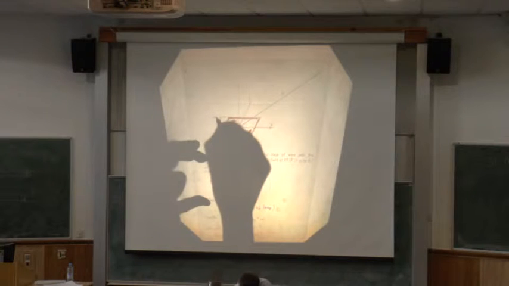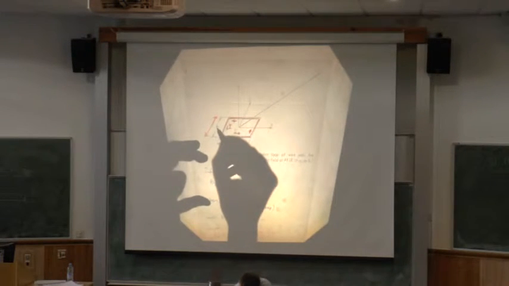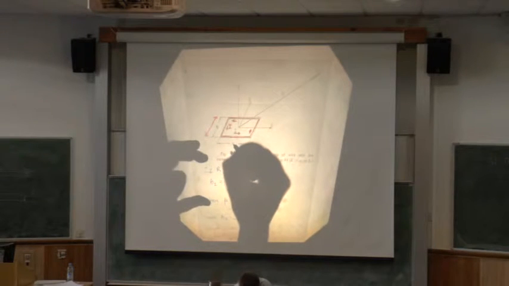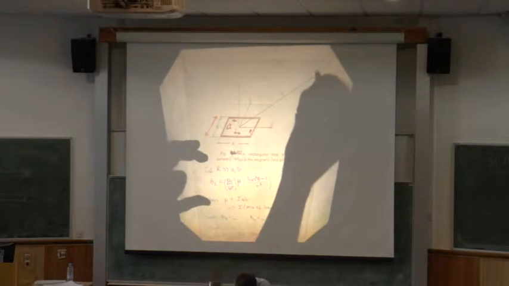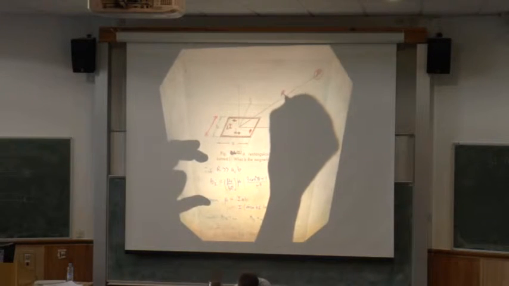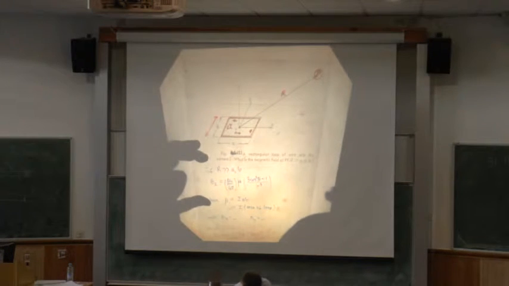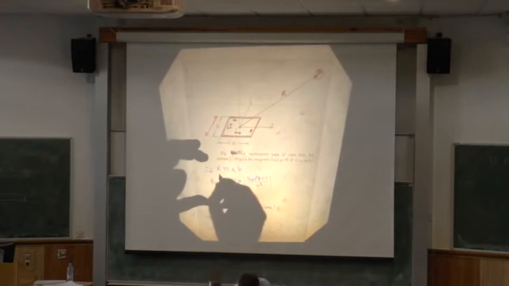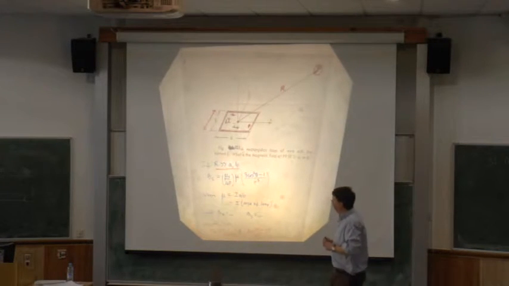And again, in the case of the rectangle, let's let the dimensions of one side be B and the other side be A, and then we seek to calculate the field at some distant point P, where this distance R from the centre of the magnetic dipole is much larger than the dimensions of the dipole.